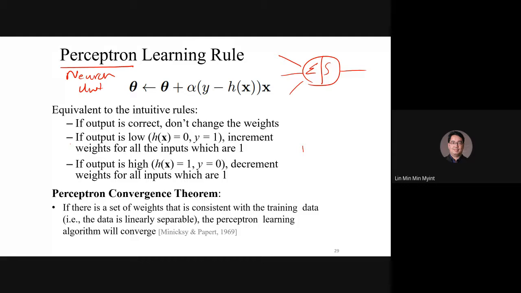We try to predict something, that is the output, mean H, and then we have the Y. Let me define it like this here.